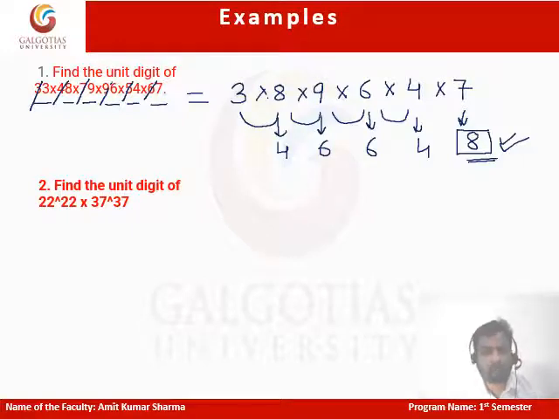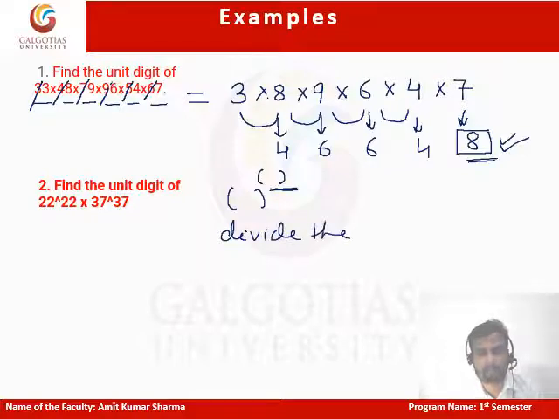So if there is any expression where we need to find the unit digit of number raised to the power number, how can we solve? Just divide the power by 4. Divide the exponent, the power, by 4, right?